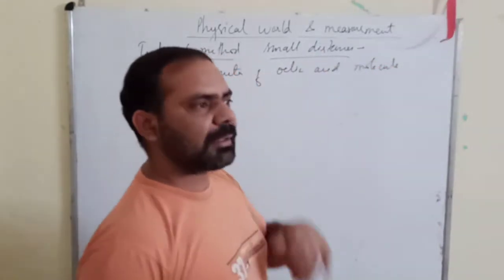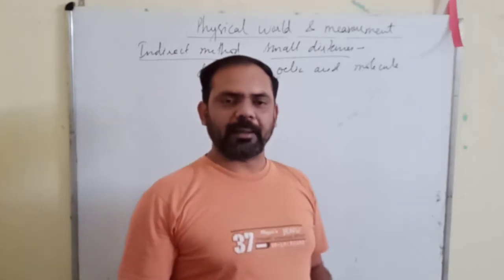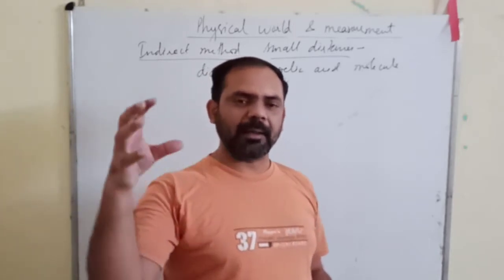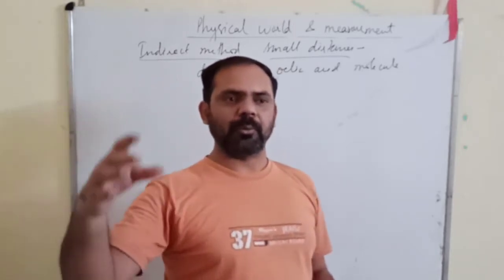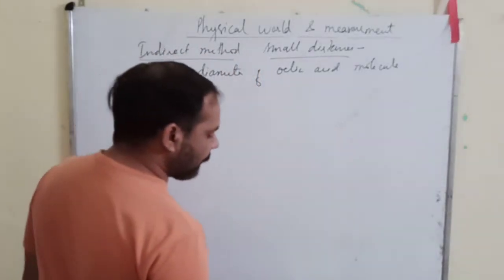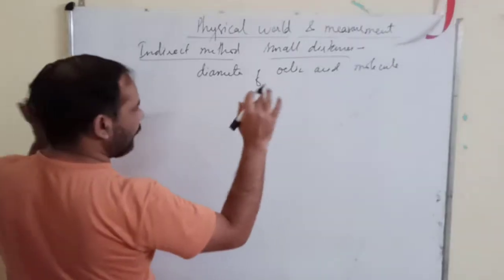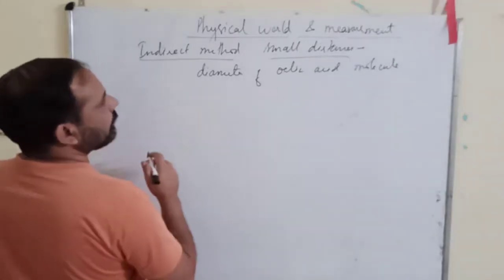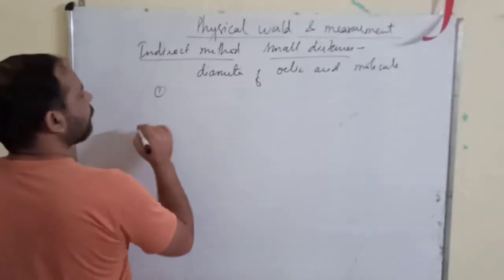Now how to measure that small distance? Indirectly, which means without using any direct instrument like a microscope. Without using that, how can you find the diameter? I will explain a method, an experiment, with a few steps.